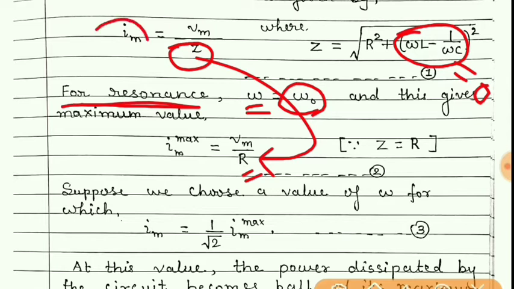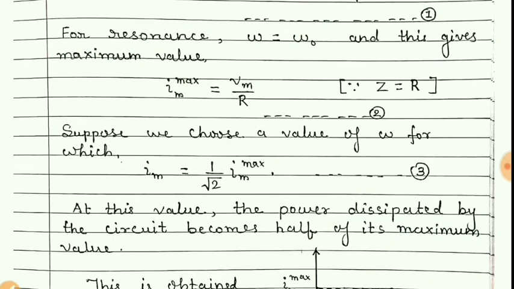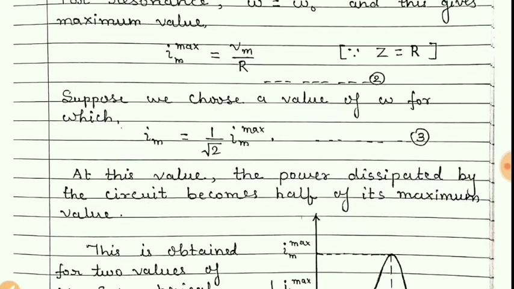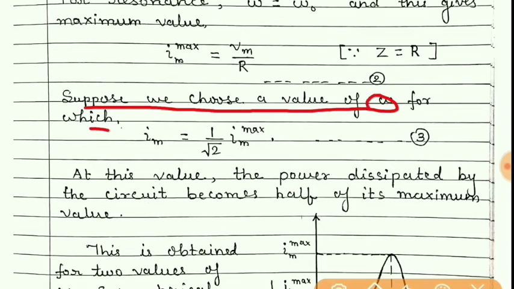So this value becomes maximum, and that's why it is written as Im maximum. Now suppose we change the value of omega for which Im is equal to 1 upon root 2 times this value.